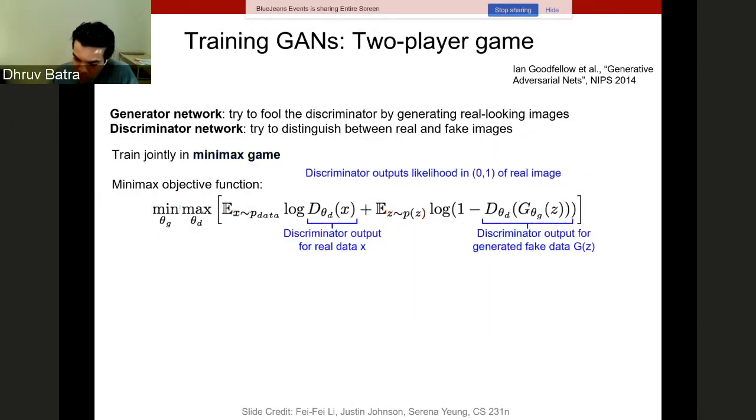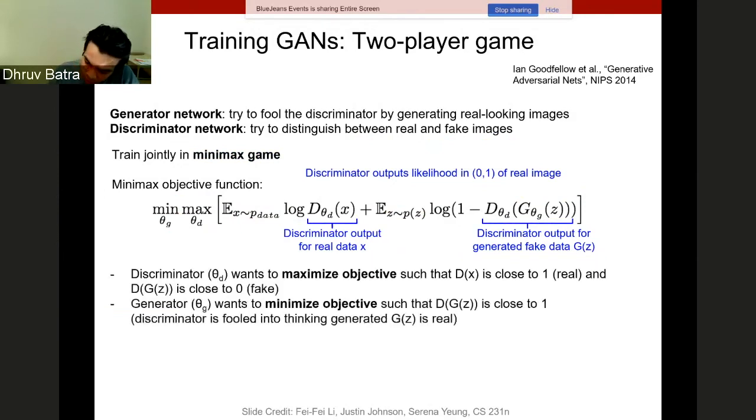So to simplify a bit, here's the state of the world. We have discriminator output for real data. We have discriminator output for generated data. The discriminator is trying to maximize this such that D of x is close to 1 and D of G(z) is close to 0, and the generator wants to minimize this objective such that the discriminator is fooled into thinking the generated data is real.